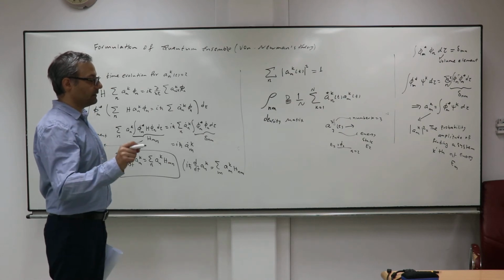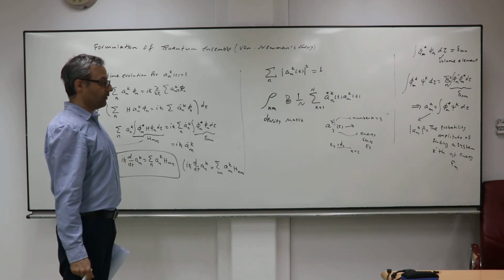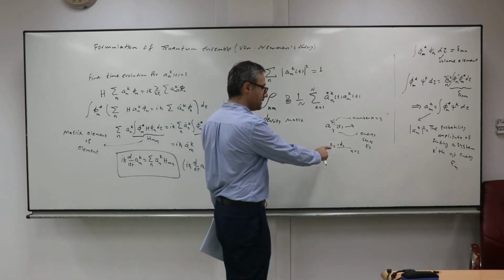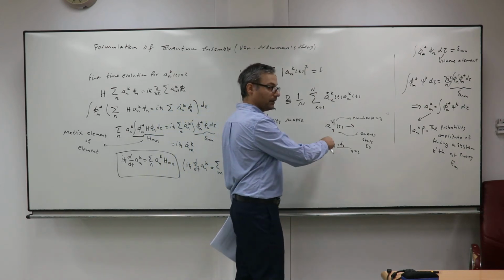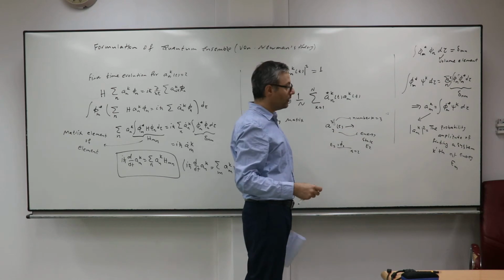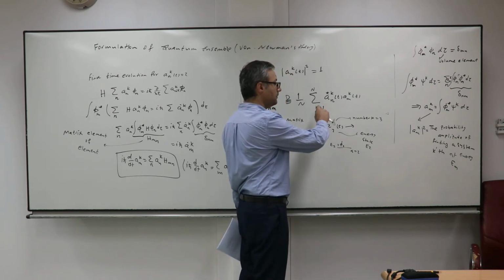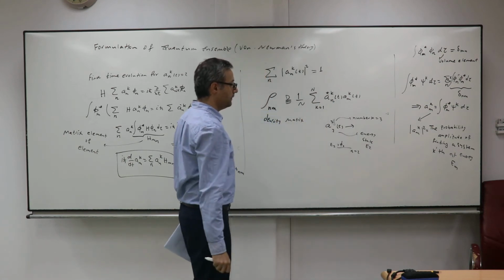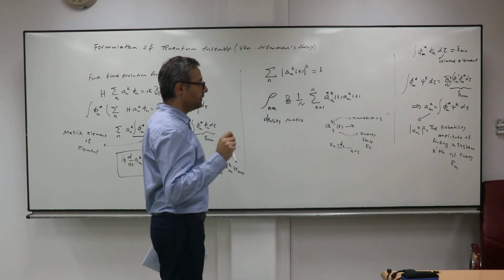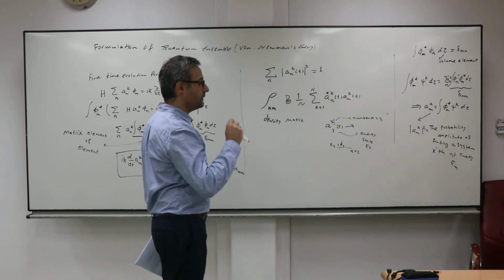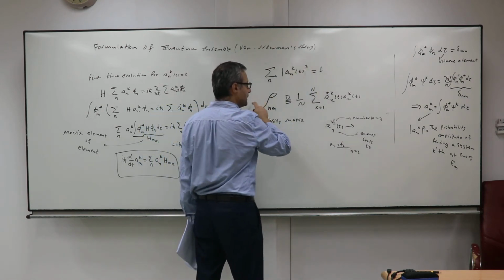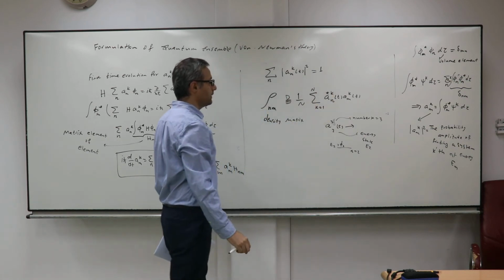So at one time, one of the elements of the ensemble will be found at this energy, the second one will be found at another energy. Finally, at any time, you can find at least one element in one of these energies. So this is what I say. And this is the definition of the density matrix.